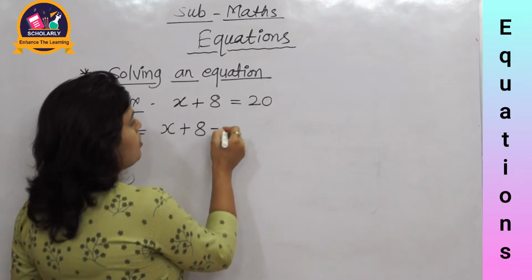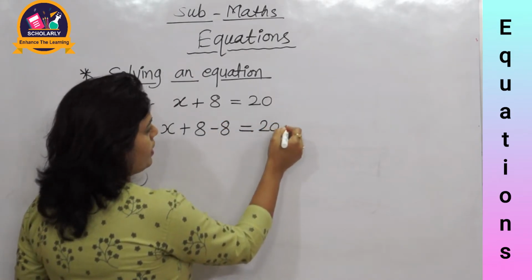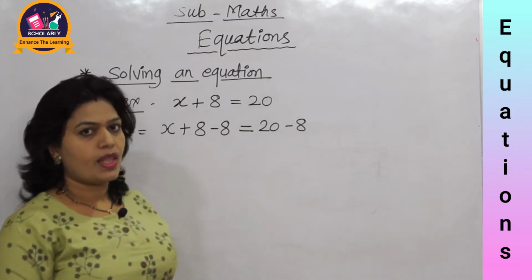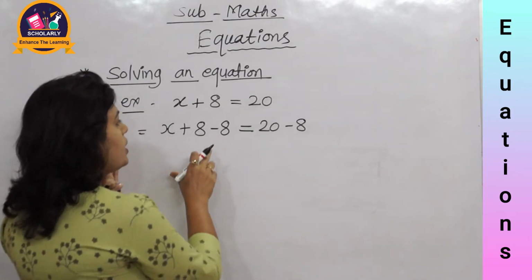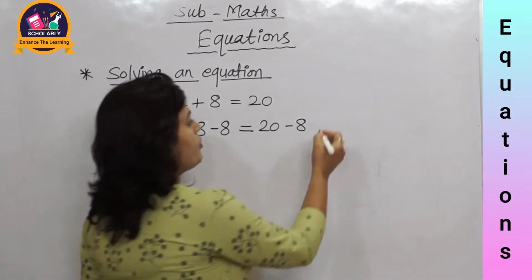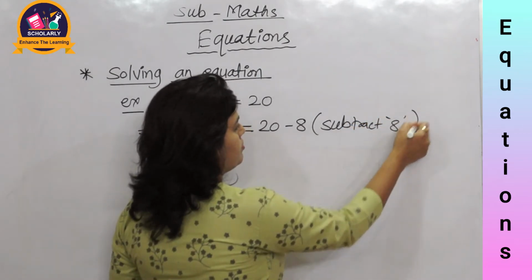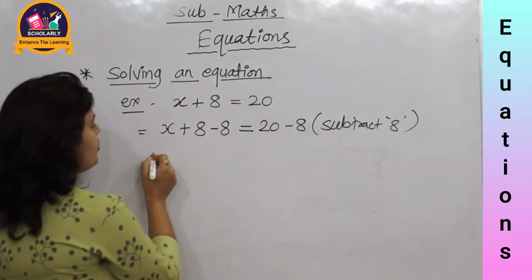x plus 8 minus 8 equals 20 minus 8. What did we do? We subtracted 8 from both sides of the equation. What will we get?